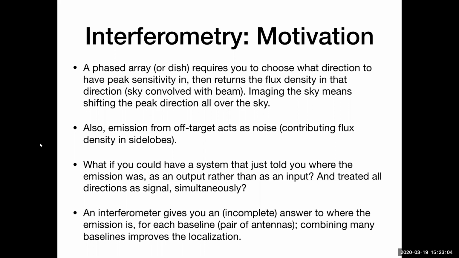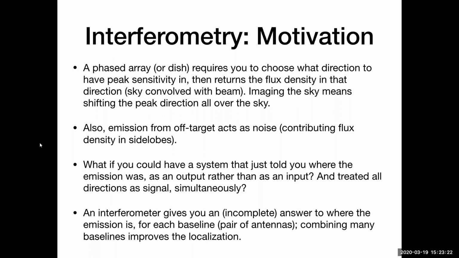What if you could just get it all simultaneously? That seems basically like black magic, and it kind of is. But interferometry gives us a method of kind of doing that, with caveats.